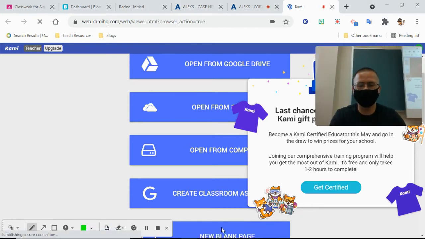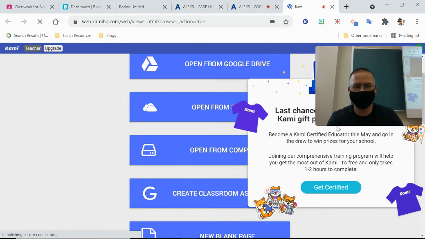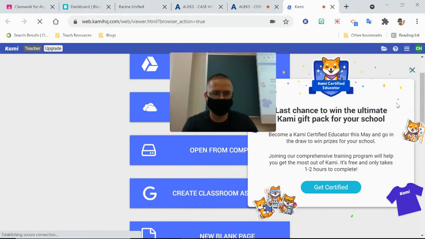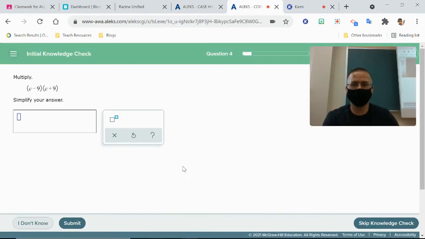This is so janky. Oh, now it wants, bro, are you serious? All right, so it's not letting me write with this, but it's writing with this.